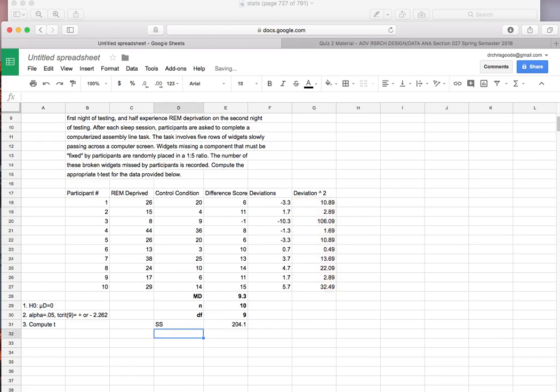And now we can get the variance of the difference scores. This is the sum of squares of the difference scores divided by degrees of freedom. Variance is always sum of squares divided by degrees of freedom. There's our variance. Now we can get the estimated standard error of the mean difference score.